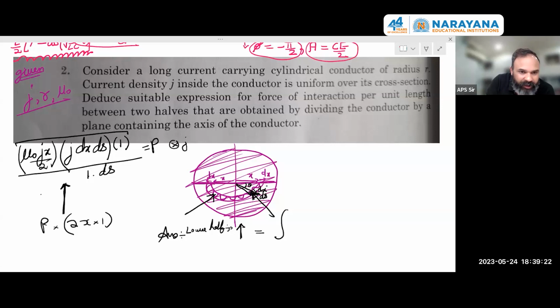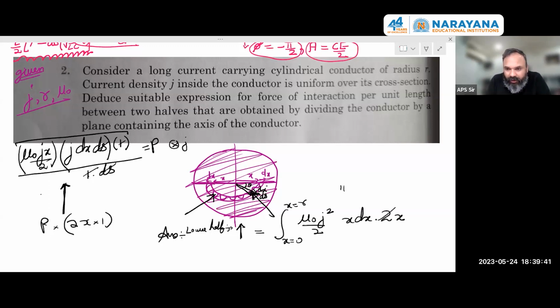The ds and 1 will all cancel. So it is mu naught J square by 2 x dx, multiplied by twice x, integrated from x equals 0 to x equals r.